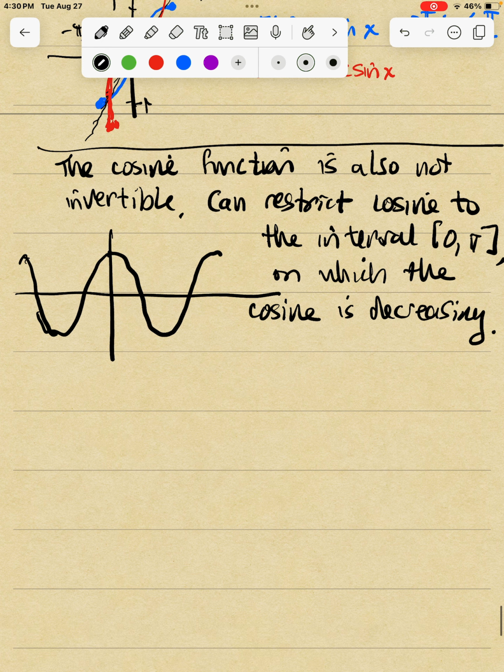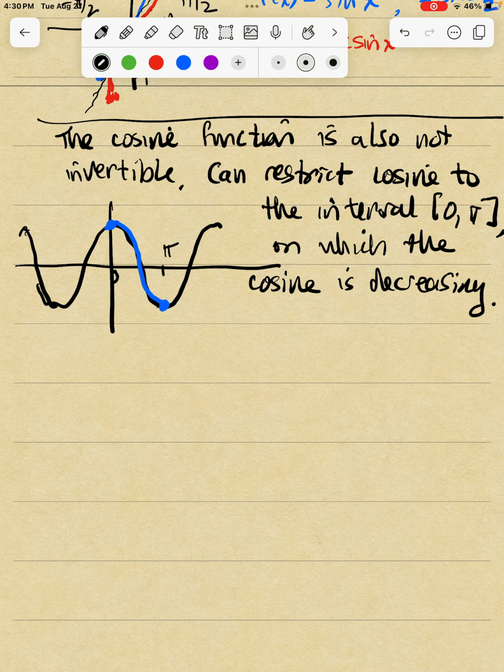So here, 0 to pi, you get this piece. And let's call that function g. So g of x is cosine x, where x is between 0 and pi.